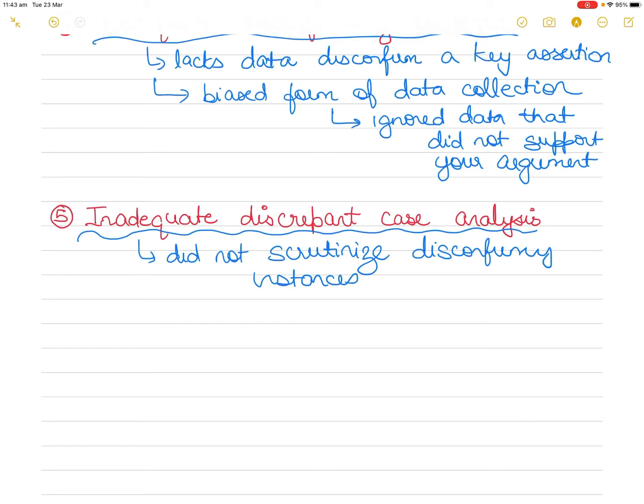It means examining each instance and comparing it with the confirming instances to determine which features of the disconfirming case were the same as or different from the analogous features of the confirming cases. Such comparative feature analysis often reveals flaws in the original assertion.